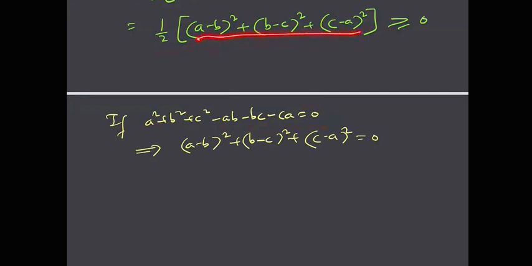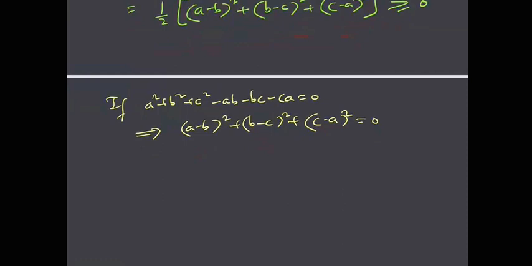Now, since the sum of perfect squares is 0 and each term is greater than or equal to 0, this is only possible when each term is individually equal to 0. So this is called sum of squares. If the sum of squares is 0, then each term is 0.